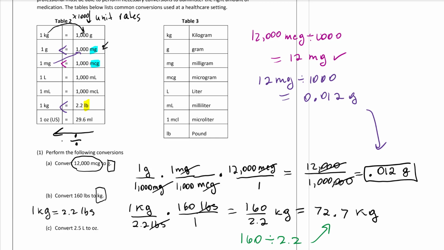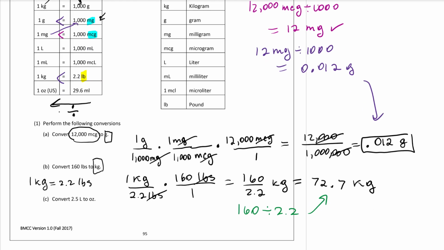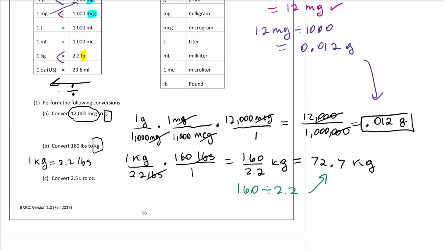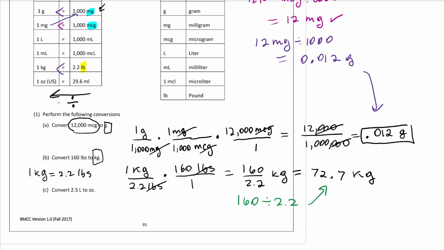All right, so let's try this one out. Convert 2.5 liters to ounces. Okay, I'll give you a moment. So if you set up the unit analysis, we need ounces and liters, right? So what do we have? We know that 1 ounce, which is our targeted unit, right?